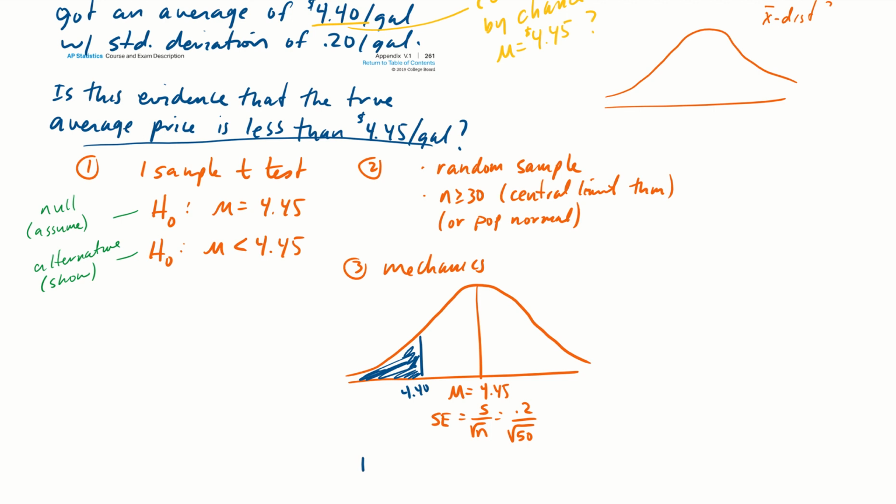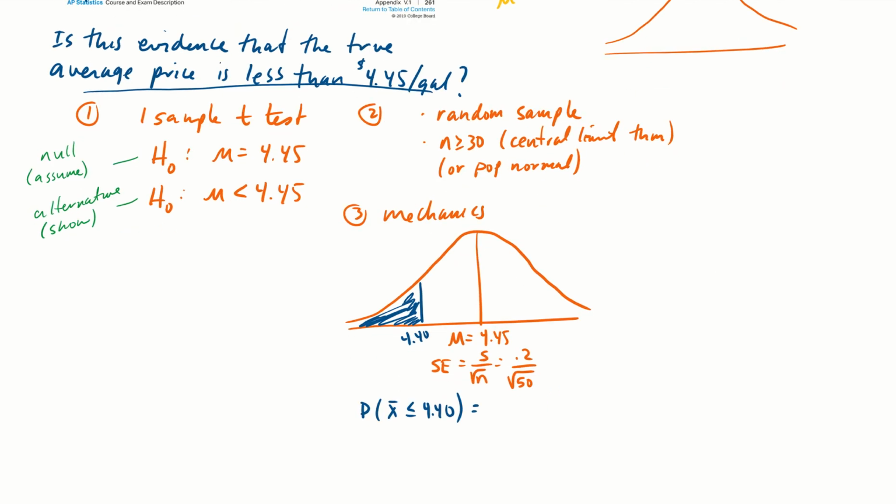What's the probability that x-bar is less than or equal to 4.40, just by random chance? If I happen to pick 50 stations and the average is still 4.45, could that happen, or is that not very likely to happen? Because it did, that's what I'm telling you I got. Well, we can figure this out by calculating the t-score.